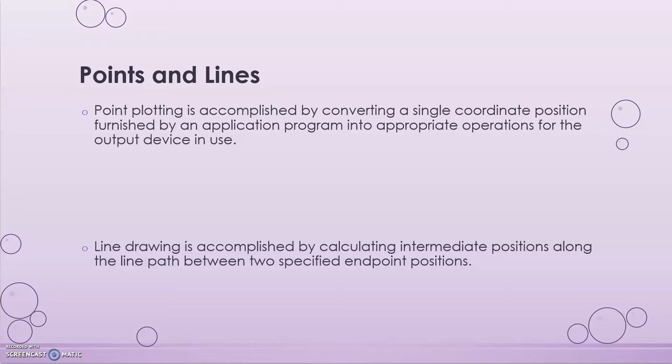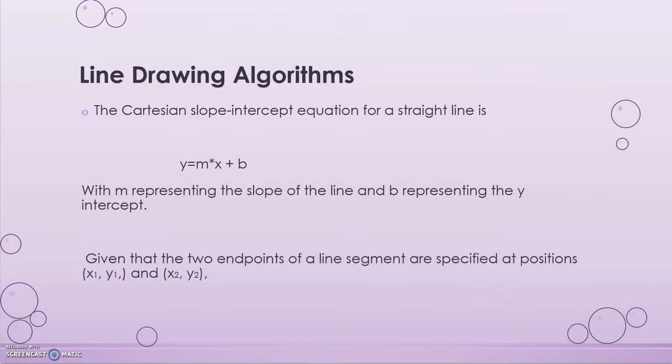Digital devices display a straight line segment by plotting discrete points between the two endpoints. Discrete coordinate positions along the line path are calculated from the equation of the line. So, this is the line drawing algorithm.